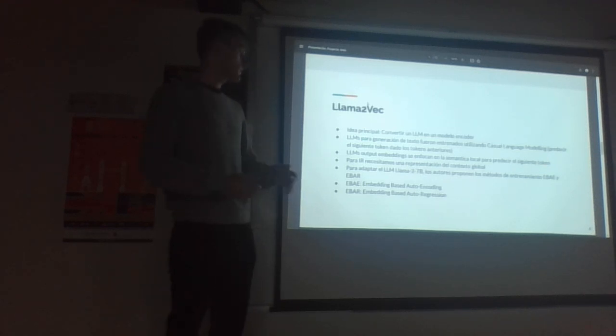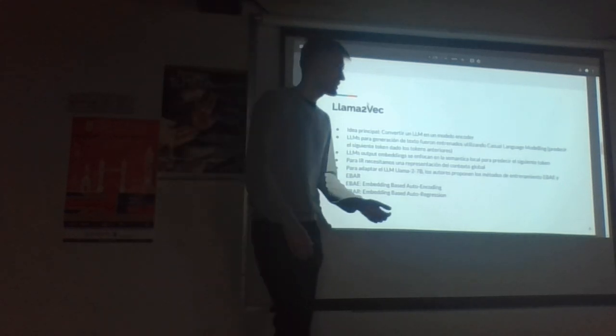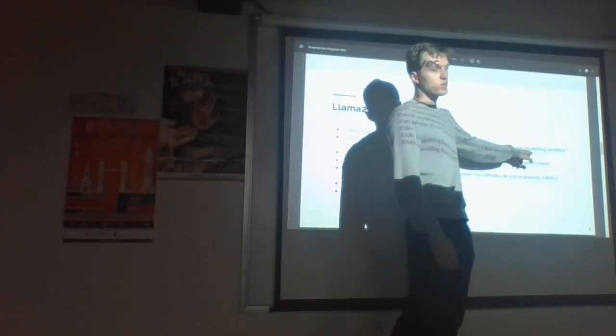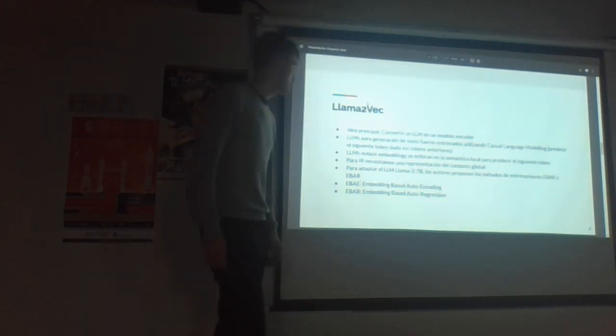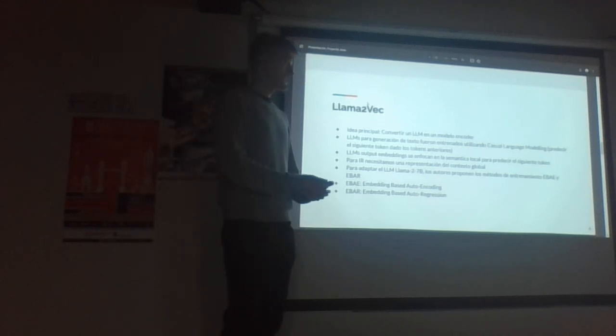Because, as you probably know, large language models were pre-trained with causal language modeling, which means that they are pre-trained to predict the next token based on all the previous tokens. So the embeddings don't represent well the global context of the input text, but more the local semantics and the next token that is going to be predicted.